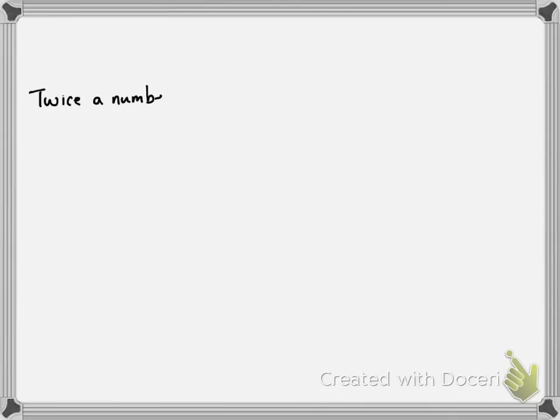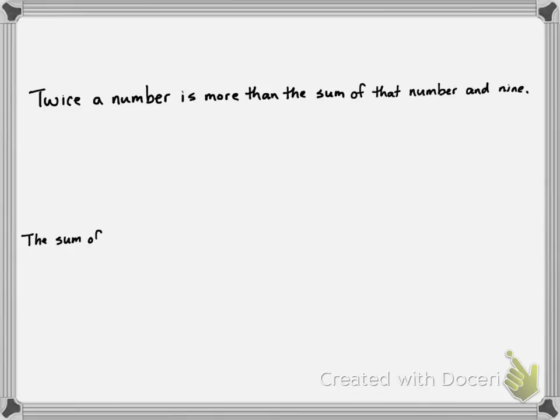Alright, so now I'm going to give you a couple to see if you can translate. The first one says twice a number is more than the sum of that number and 9.